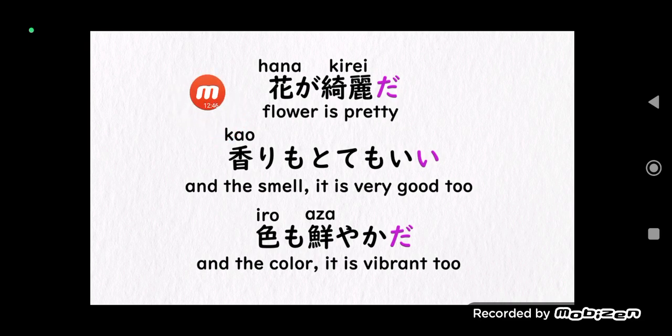So we have here three mini sentences. Hana ga kirei da. Kaori mo totemo ii. So this is the second mini sentence. Kaori mo totemo ii. And the smell is very good too.